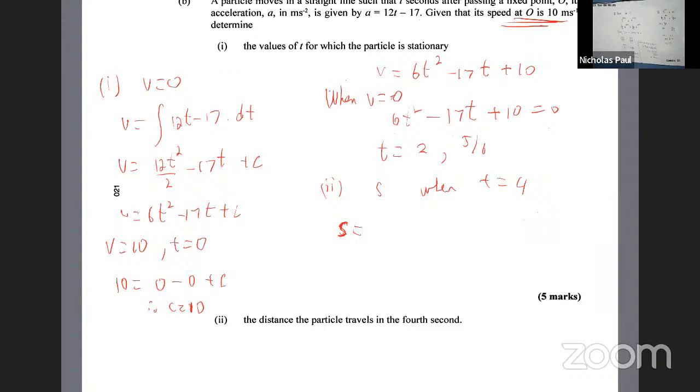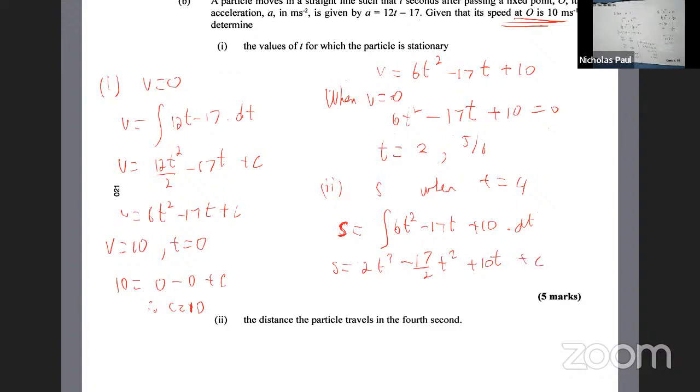Integrate. So you integrate 6t squared minus 17t plus 10 with respect to t. You'll get 6t cubed on 3, which is 2t cubed, minus 17 on 2 t squared, plus 10t plus c.